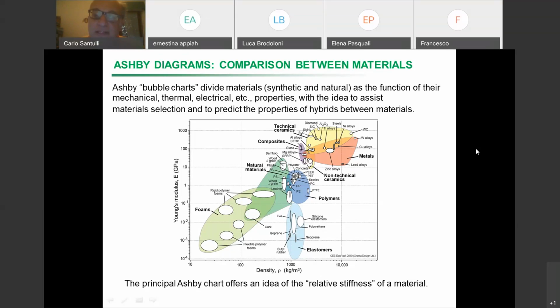Steel has a Young's modulus which is about 3 times higher than aluminum. But on the other side, steel has a density which is about 3 times that of aluminum. As a consequence, the relative stiffness of steel and aluminum is about the same.